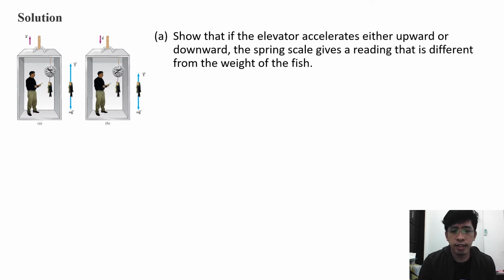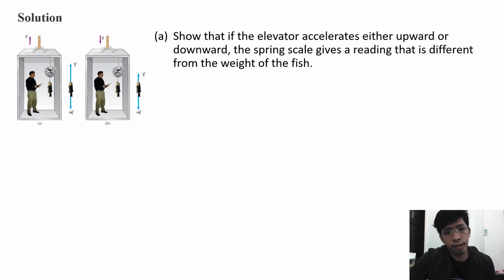On the figure to the left, we already have the free body diagram, and we are taking the fish as our body. So we have a tension that is upward, exerted by the weighing scale, and we have the weight of the fish, which is downward. That is mass times gravity.